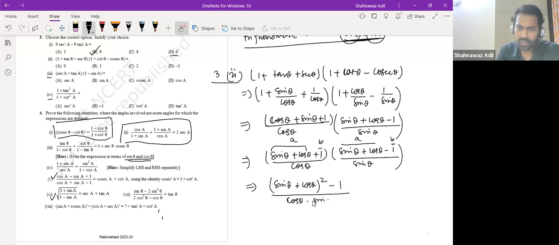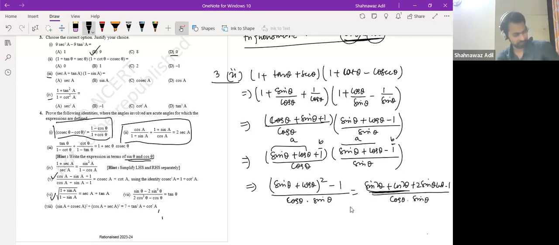Yes, sir. So this is a square plus b square plus ab minus 1, and then cos theta into sine. So what is this, guys? This is 1, right?